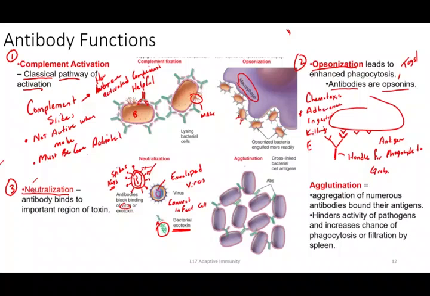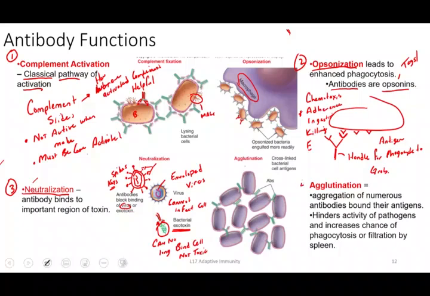And so it's possible that we can have these antibodies binding to the exotoxin so this can no longer bind the cell, and so that makes it no longer toxic. And so that toxin has been neutralized, as that term is. So that's an important function as well.